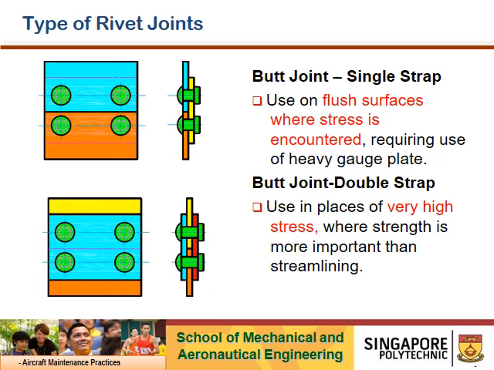Then the other two will be butt joint single stripe and butt joint double stripe. These types of joints are stronger than the previous lap joint and widely used.